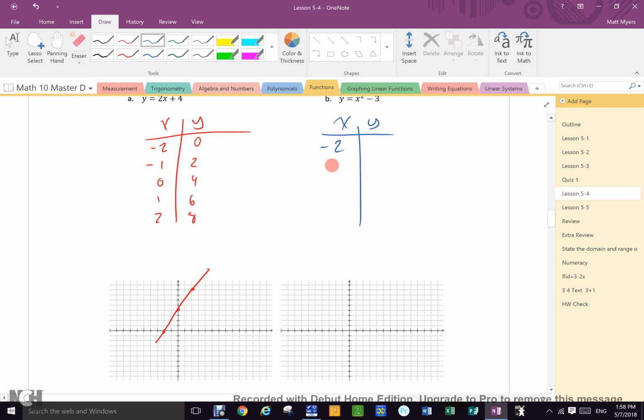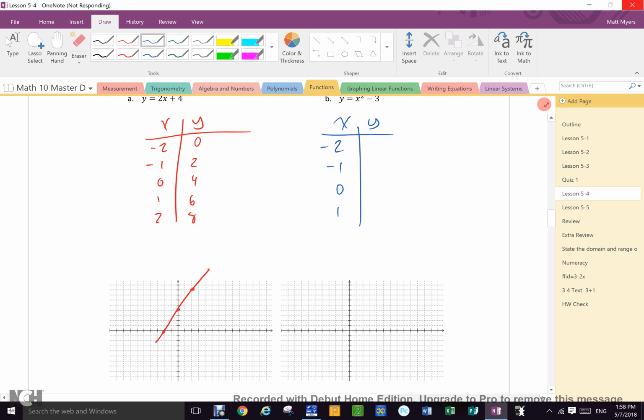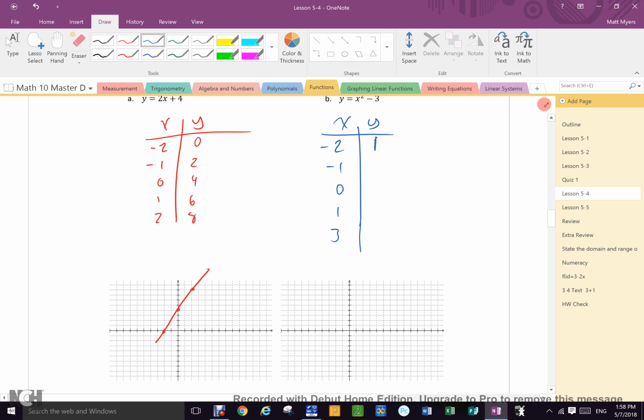-2, -1, 0, 1, 3. What's -2 squared? 4. What's 4 minus 3? 1. What's -1 squared? 1. Minus 3. -2. What's 0 squared? 0. Minus 3. -3.